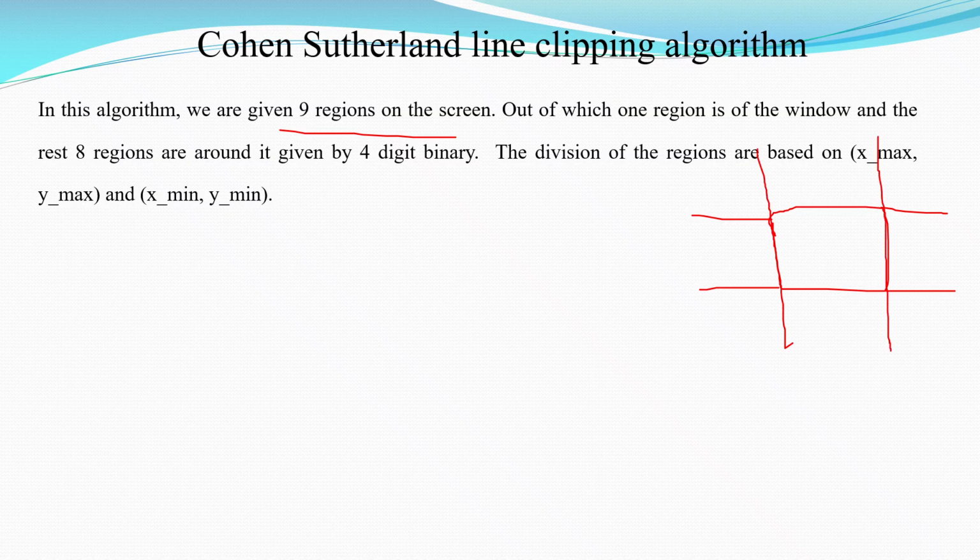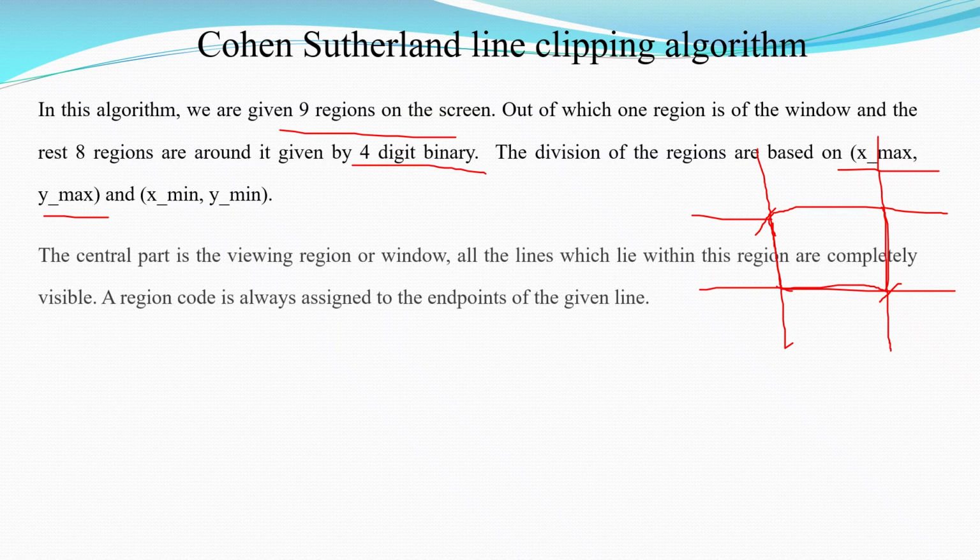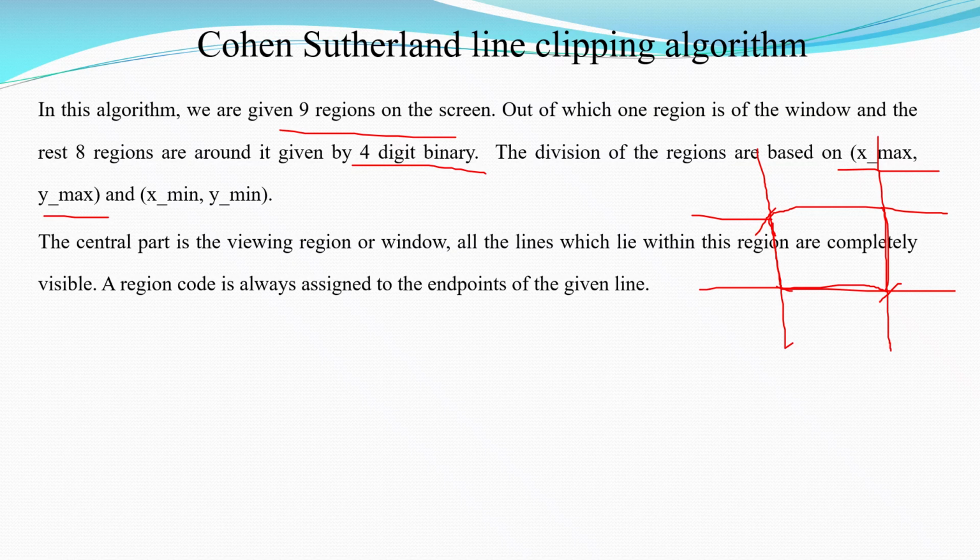It is based on how we calculate using x max, which gives the higher x value of your window, and y max, which gives the height of your window. X min is the start, and y min gives the bottom of the window. Based on this 4-digit binary number, we conclude the window part first.